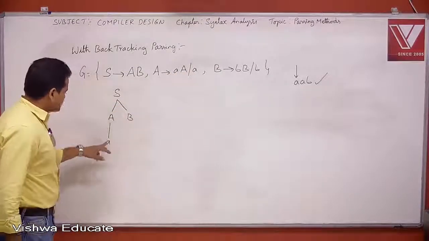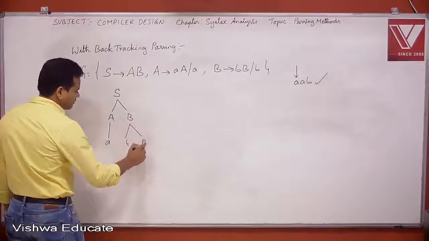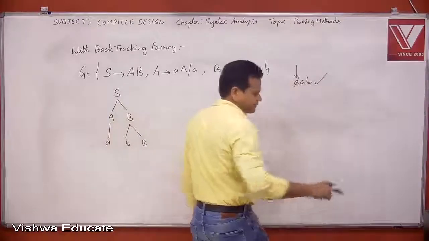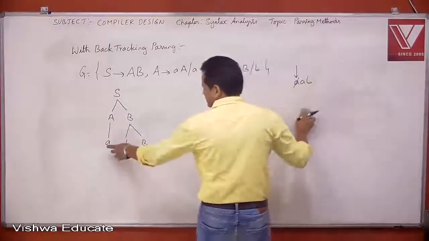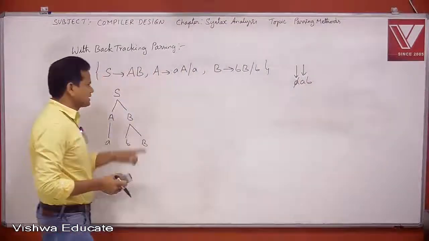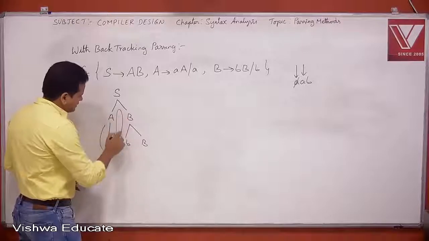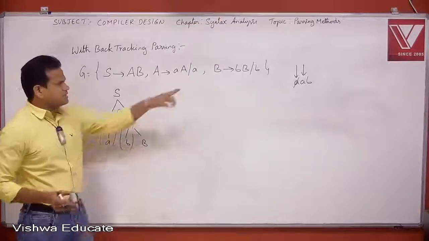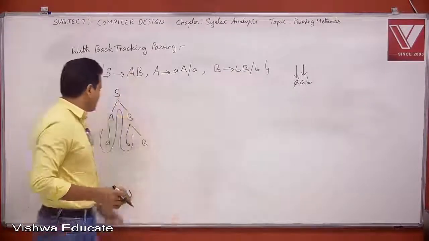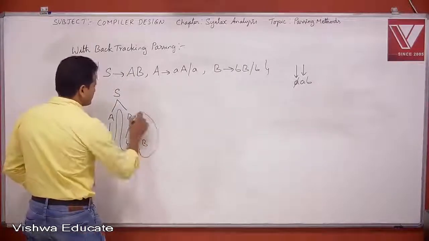Now in B place either it goes to BB or it goes to B. Here A is derived already because the string we got is A. Next the pointer comes to this position and the second symbol required is A, but here it is B. So actually it requires the second symbol A. Now it's B. In B place, whether we go for the B production or BB, the second symbol A will not be derived. So the parser will go for backtracking.